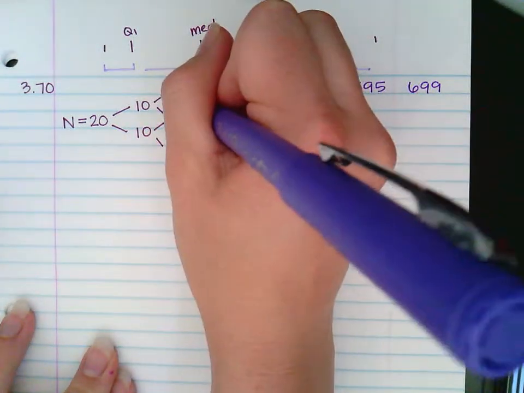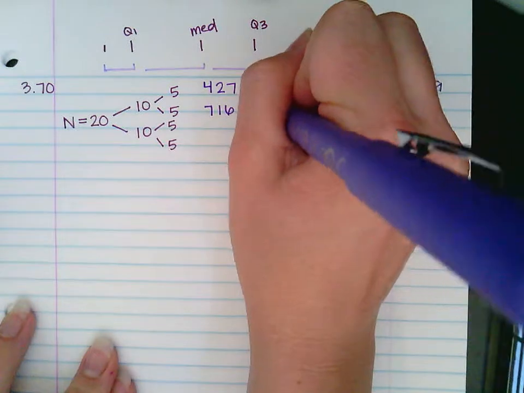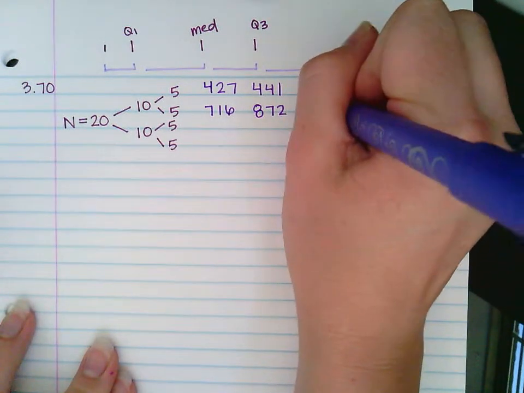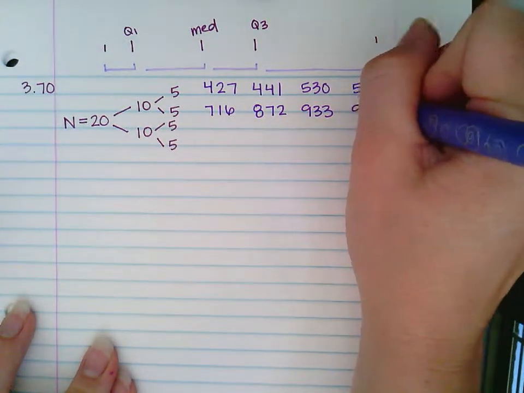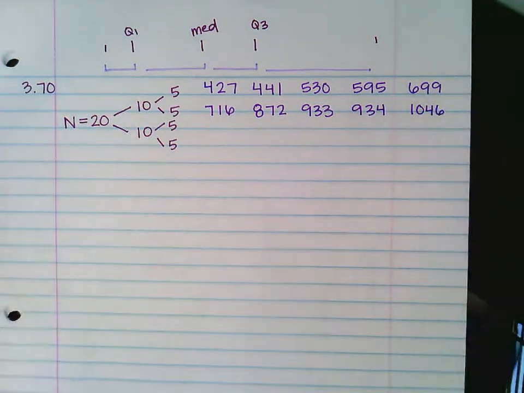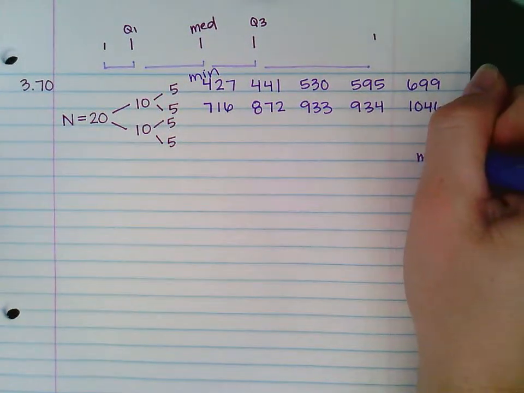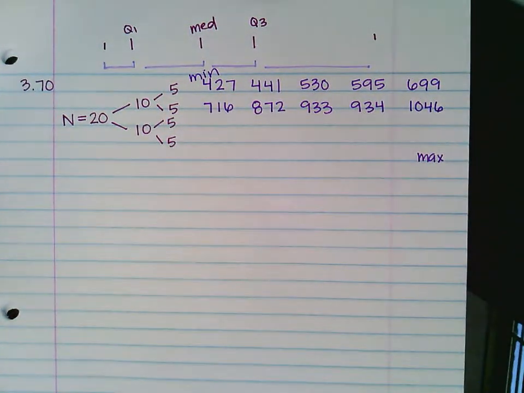And then the next 5, 716, 872. So again, I'm just finding how many data points are in each one, sorting these minimum to maximum, and figuring out which data points are within each quartile.